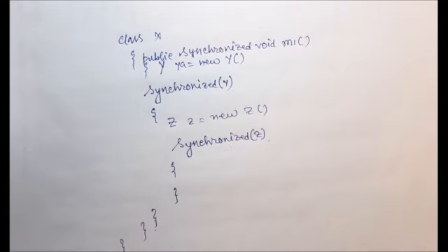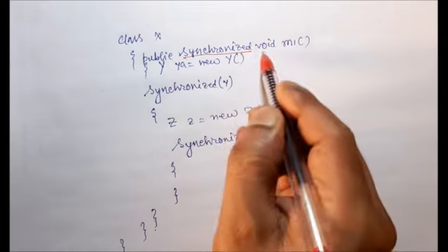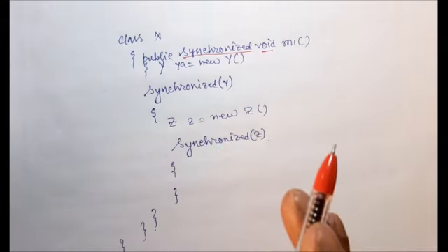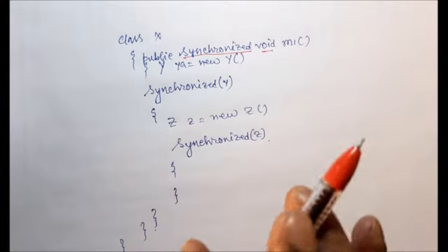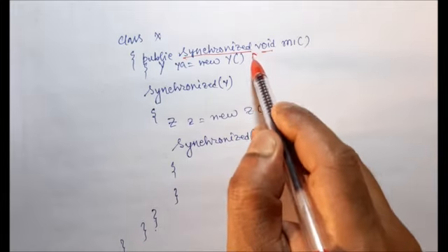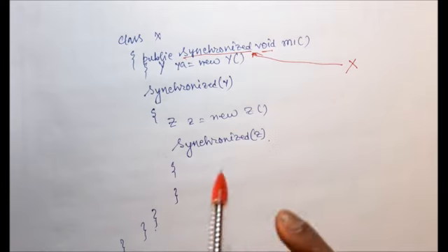Now look at that, here the method is synchronized. So if any one thread wants to execute this method, first it has to get the lock. So here the lock of the X object is required.